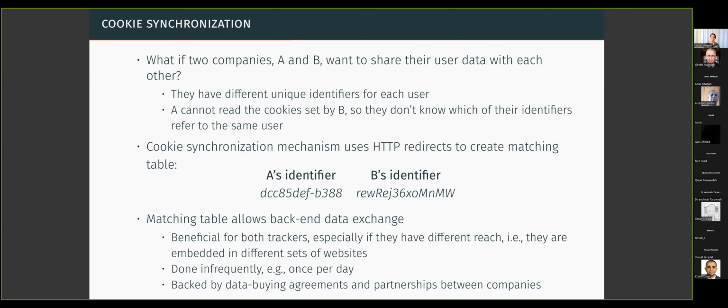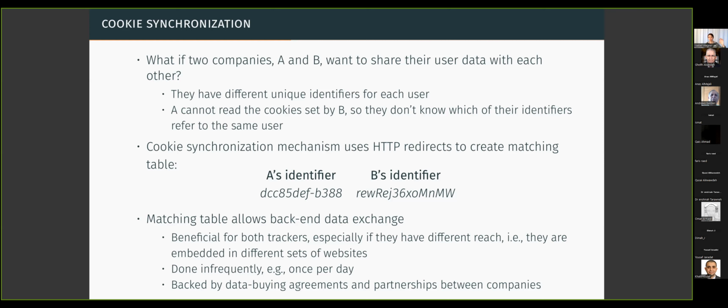And so what companies have come up with is a mechanism called cookie synchronization, which basically uses HTTP redirects, where if the user, let's say, requests a resource from one server, that server redirects to the other company's website, and in that redirect, they attach their cookie identifier.